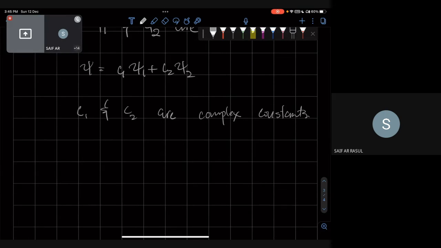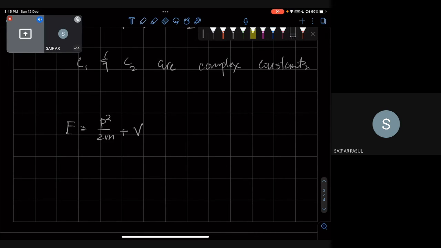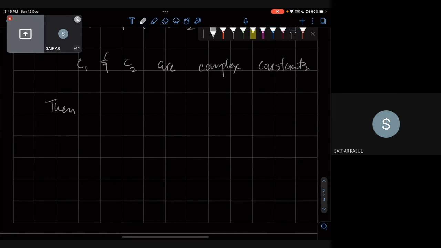And from this it follows that if I have some system whose energy is given by p squared by 2m plus V, whose energy eigenvalue is E, then the wave function of that system is given by this particular linear combination.